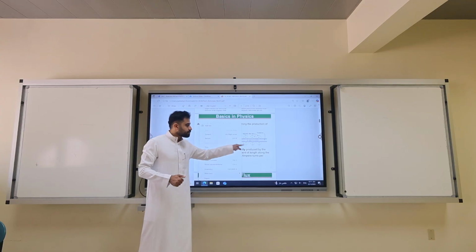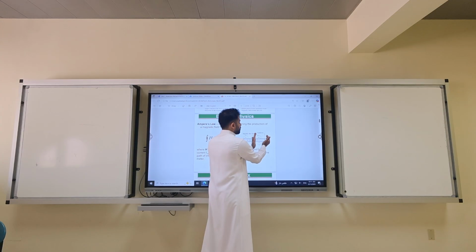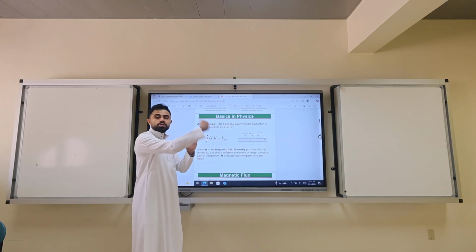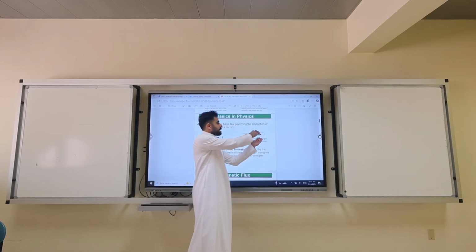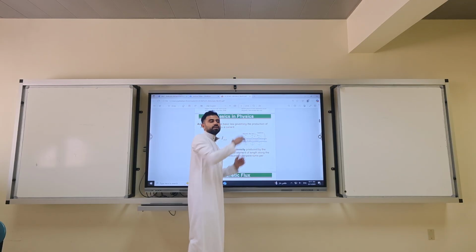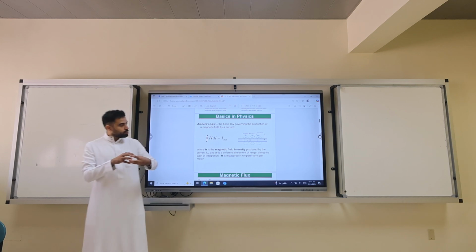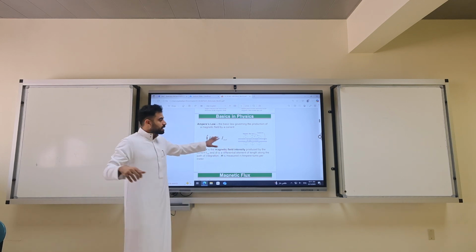Along the path L, if I take this length of the cable and do the closed integration, I would have a magnetic field intensity. If I take the whole cable, I would have another magnetic field intensity. So magnetic field intensity has to do with the length of the conductor.